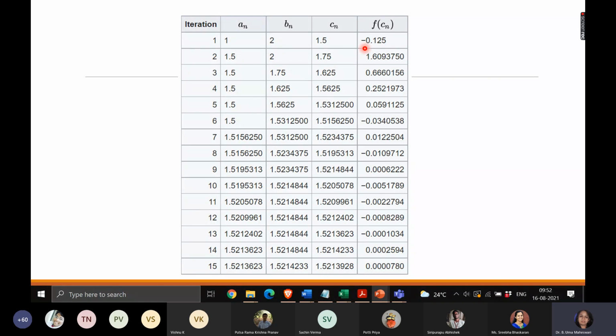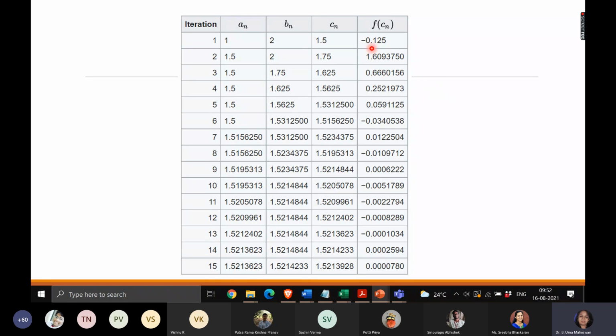If the function value is negative, you have to search on the right side. Given a line, there is a lower limit and an upper limit, and you have a midpoint lying over here. If you get a negative value, search in this higher part. If it is positive, search in the lower part. That is the concept.